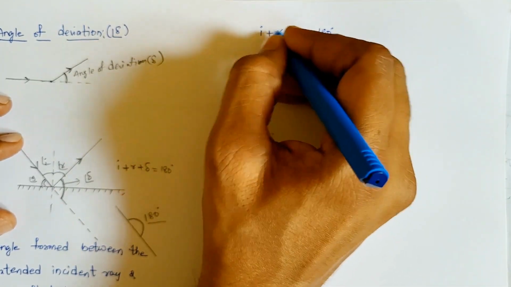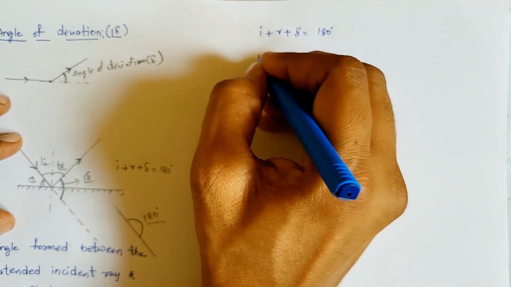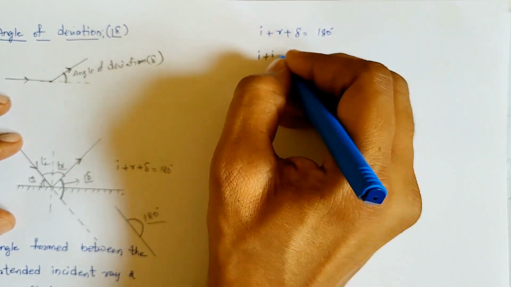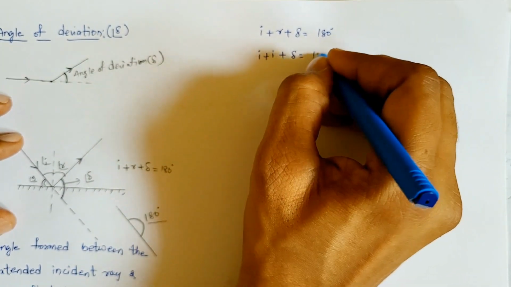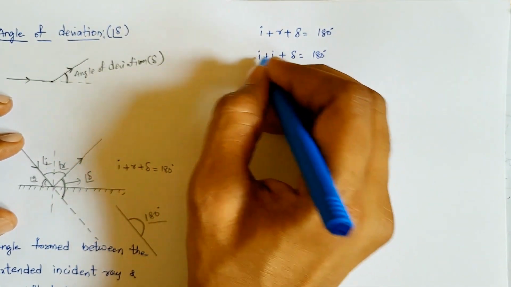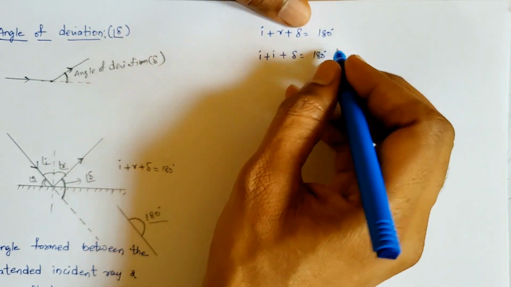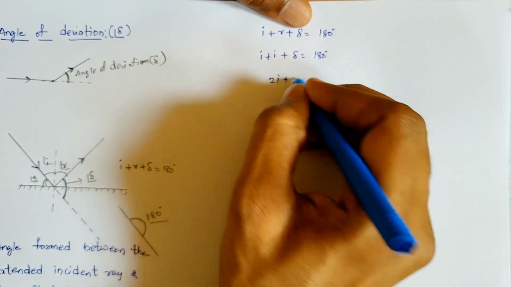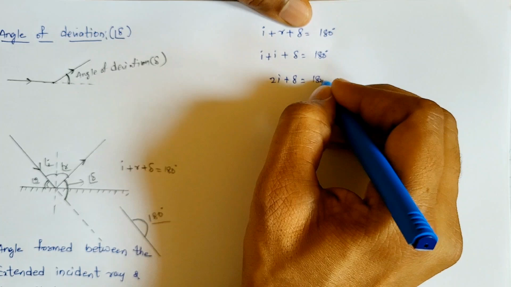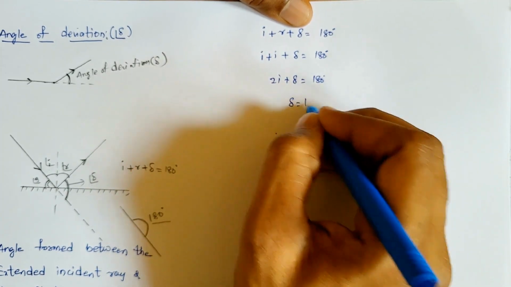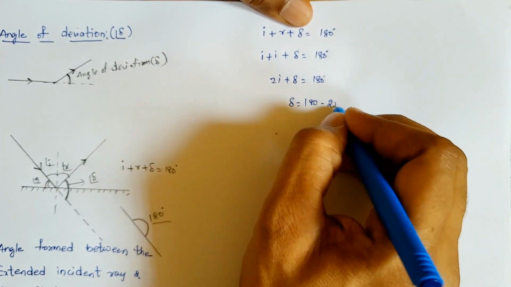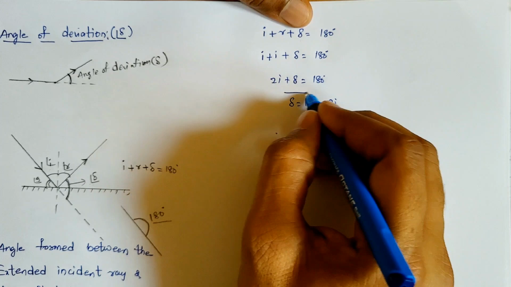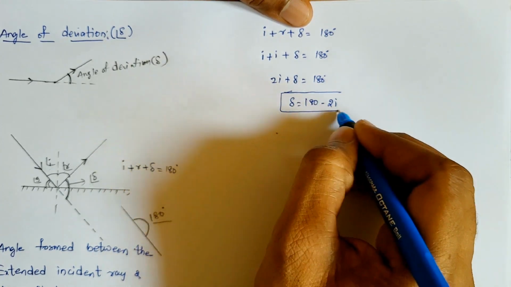We know that I is equal to R from the laws of reflection. So I plus I is 2I, and 2I goes to that side. It becomes 2I plus lambda equals 180 degrees. So lambda equals 180 minus 2I. This is the formula for angle of deviation.